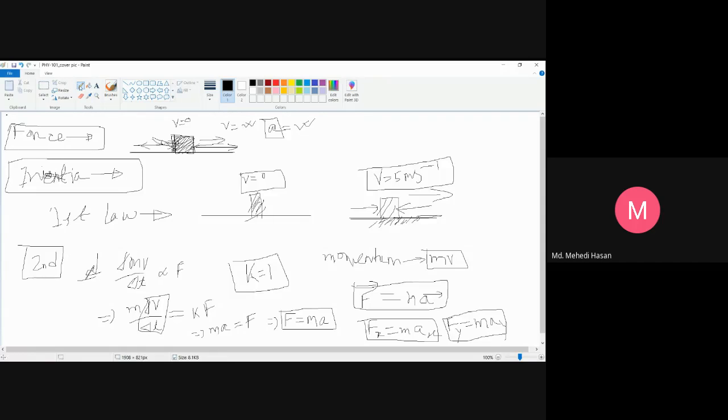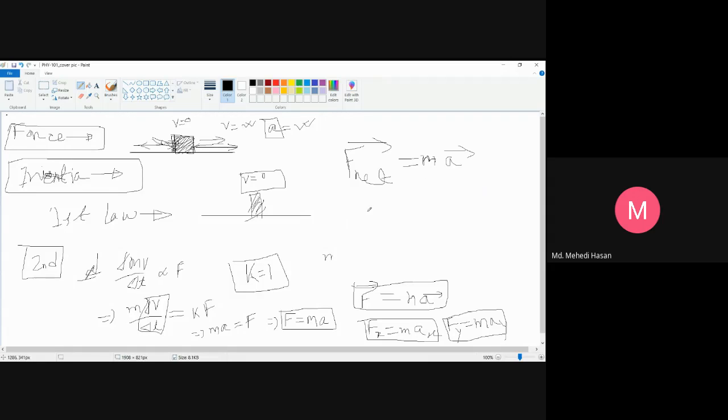Another thing is that if more than one force is involved, then we can write the equation as net force equal to ma.